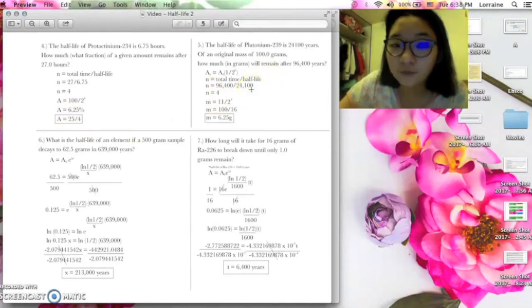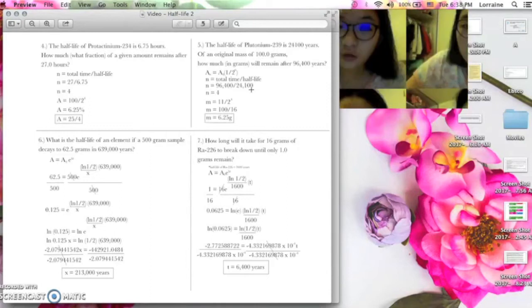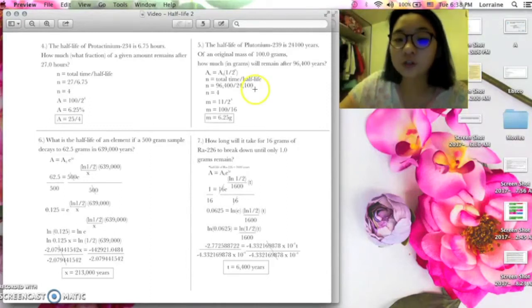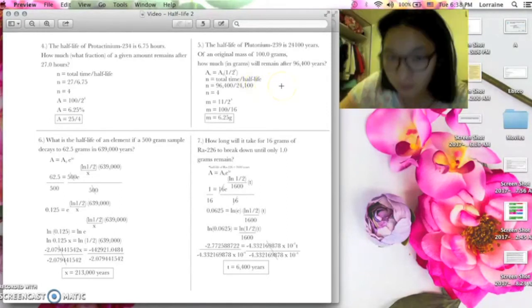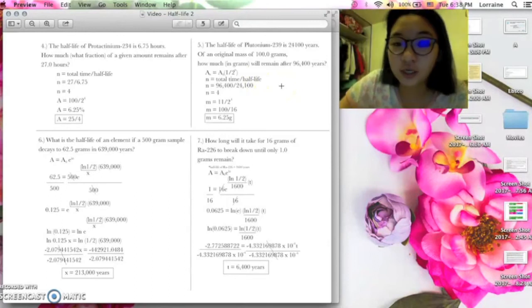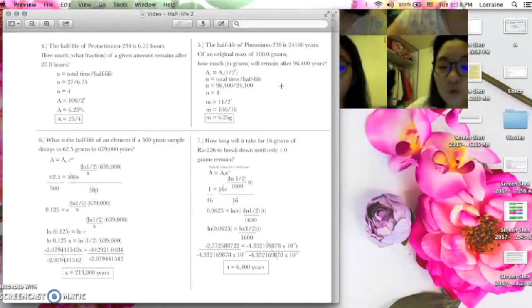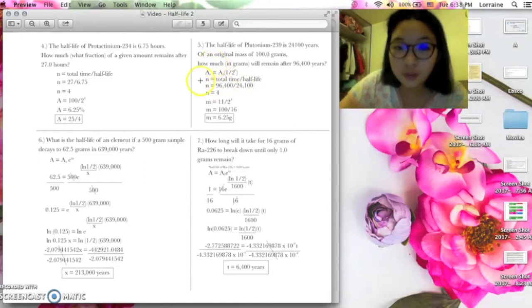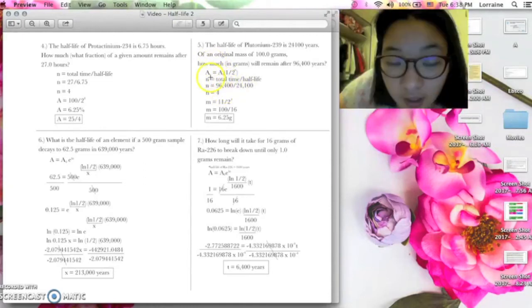The half-life of plutonium-239 is 24,100 years. Of an original mass of 100 grams, how much in grams will remain after 96,400 years? So we use the original equation, A equals A sub 0 times 1/2 exponent n.